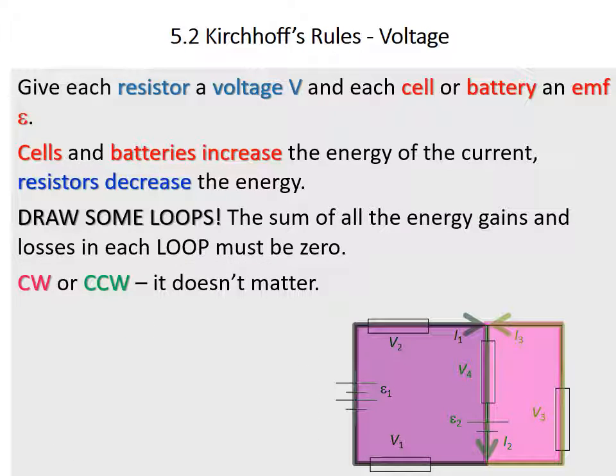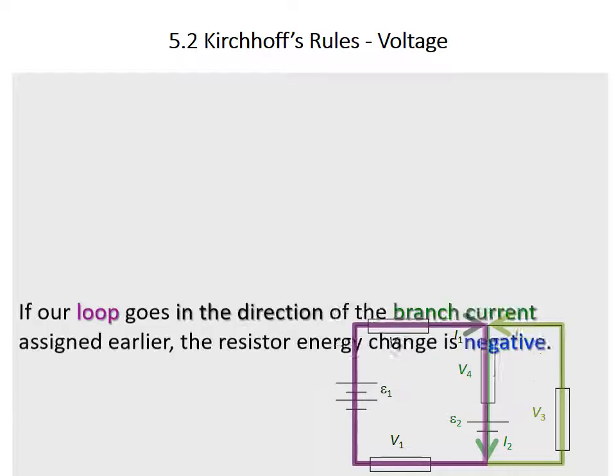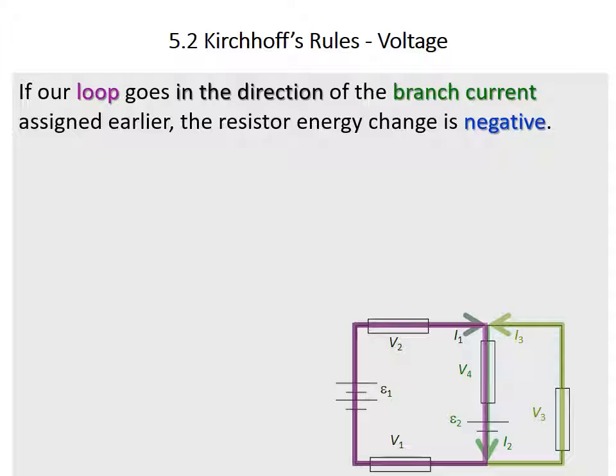We will end up drawing a direction for the loops, kind of like we did for current. It can be clockwise or counterclockwise, it doesn't matter. If the loop direction goes in the same direction of the branch current assigned earlier, the resistor energy change is negative. So in purple is the loop, and we can see the arrows corresponding with current are still present.